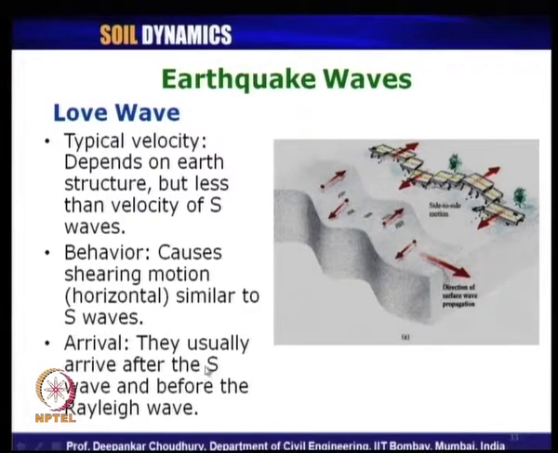So, first one in the seismogram is P wave, second is S wave, third is Love wave, and last is Rayleigh wave, in the order they appear in the seismogram. Depending on the velocities of shear wave, Love wave and Rayleigh wave, the time difference between their recording in the seismogram is hardly any.